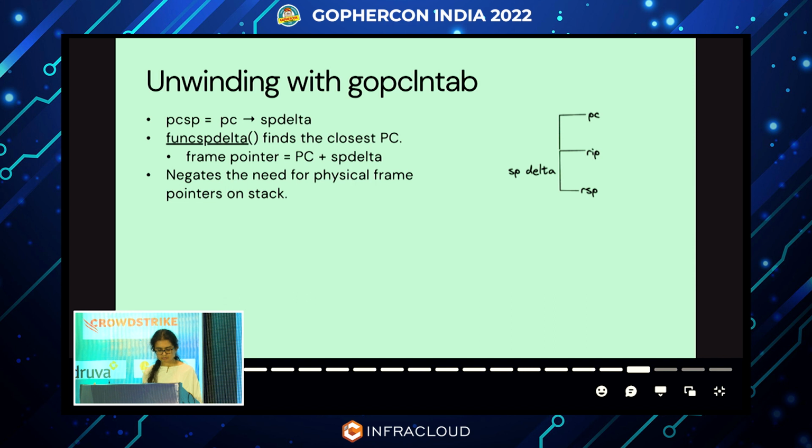And so that way I can say that this debate between frame pointer unwinding versus using Go PCLN tab is not a very cut and dry one. And to sum up, assuming a 1 microsecond overhead per stack trace unwinding is a good approximation, but for the built-in tracer, it could be significantly higher.